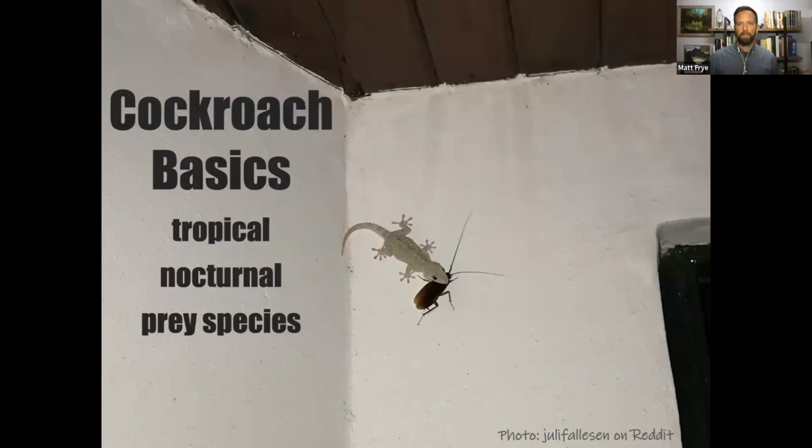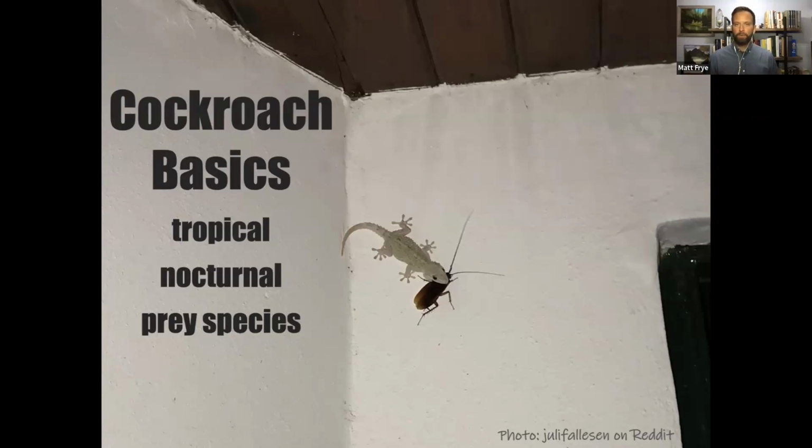If you ever visit the tropics, you will see a wide variety of cockroach species. But the ones that we have are adapted to living with people. So they still have preferences for warm areas and food availability. They're often nocturnal, and they are a prey species.